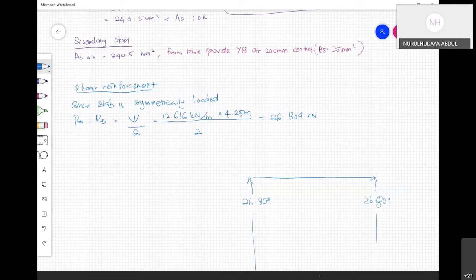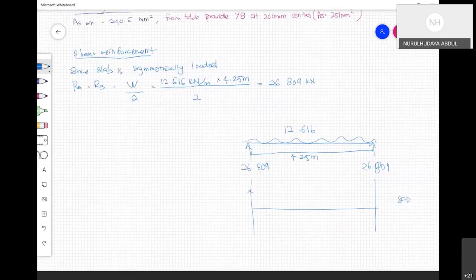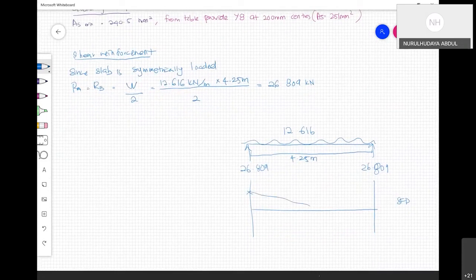you lukis SFD, okay, obviously maximum dia akan naik kan. Sebab ni ada uniformly distributed load sebanyak 12.616 for 4.25 meter. Okay. Jadi dia akan drop sikit. Okay, sampailah dekat negatif 26.809.